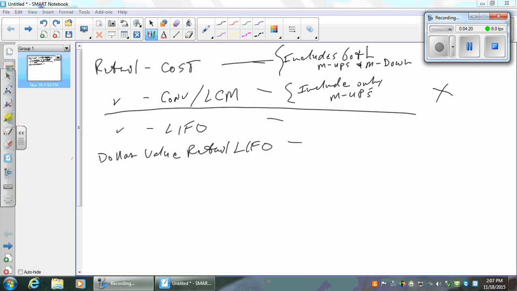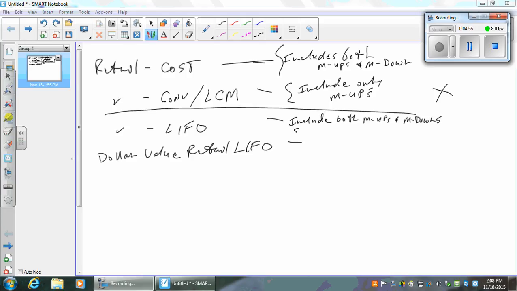That's the reason, okay? Now what's different with LIFO? With LIFO, I'm going to include both markups and markdowns. And I guess you could do it in a lower of cost or market LIFO too, but I've never seen anybody do that in a textbook at least. Include both markups and markdowns. Okay. But what am I going to want to do?